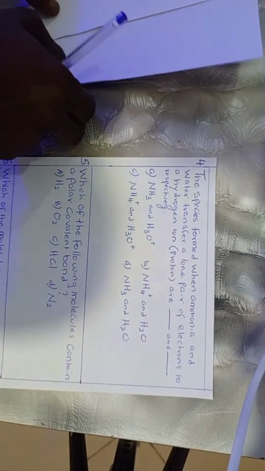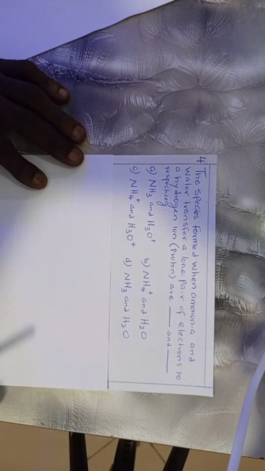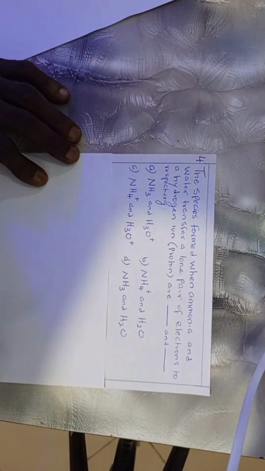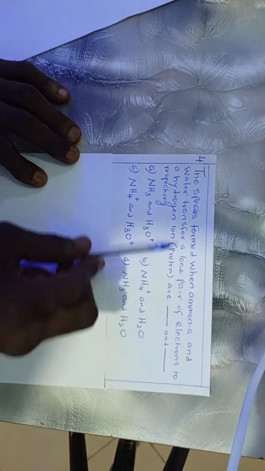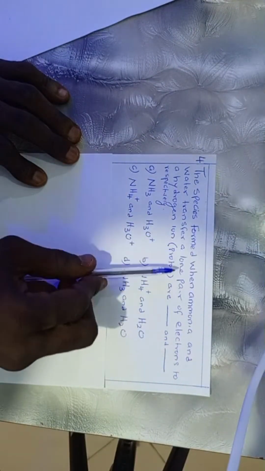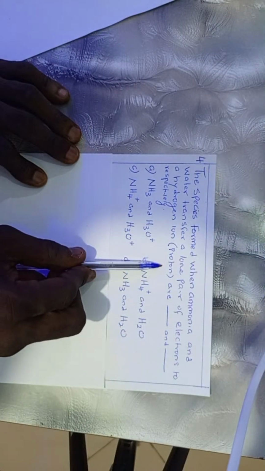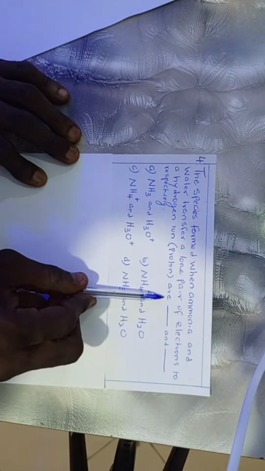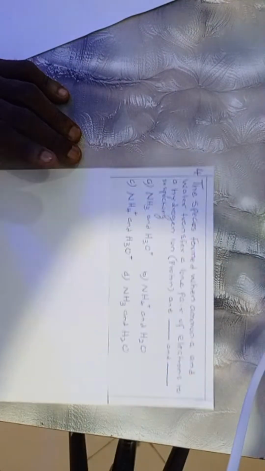Remember, before you answer any question or attempt any problem, make sure you understand what the question is talking about. So it says, the species formed when ammonia and water transfer a lone pair of electrons to a hydrogen ion, which can also be called a proton, are R and R. So looking at the options, let's get right into it.